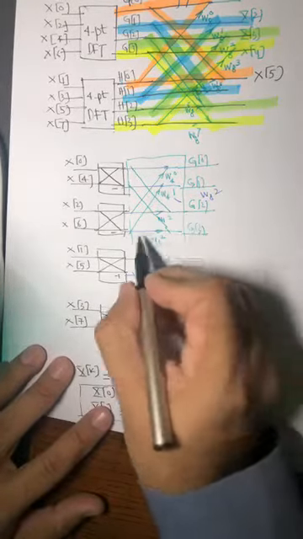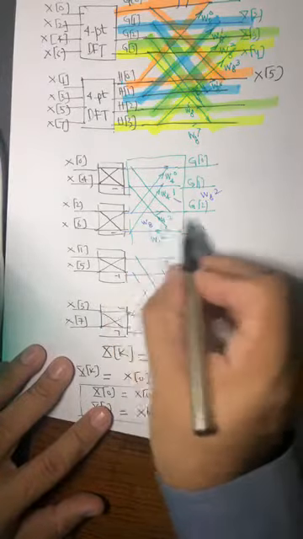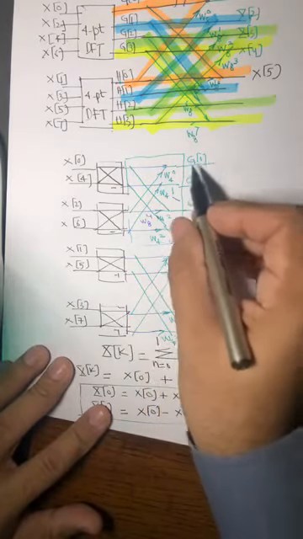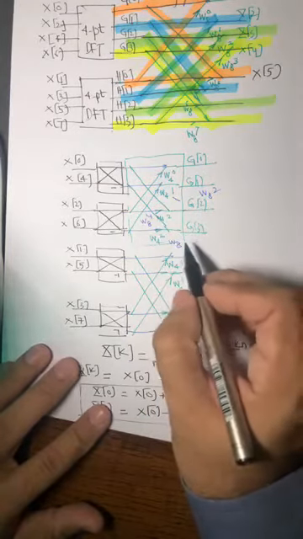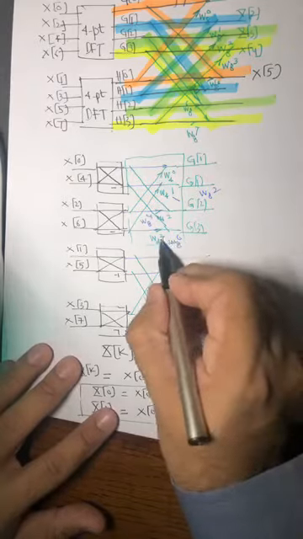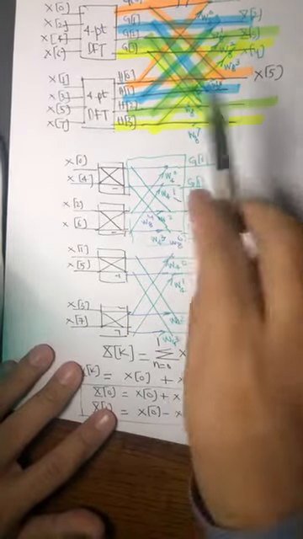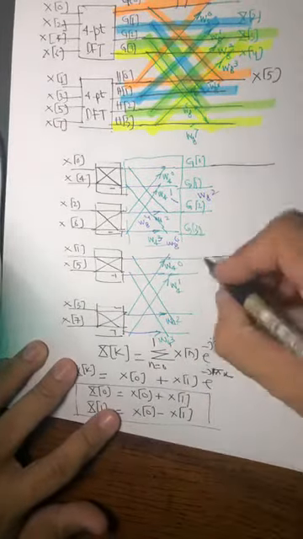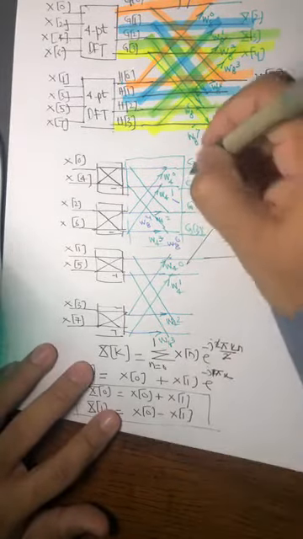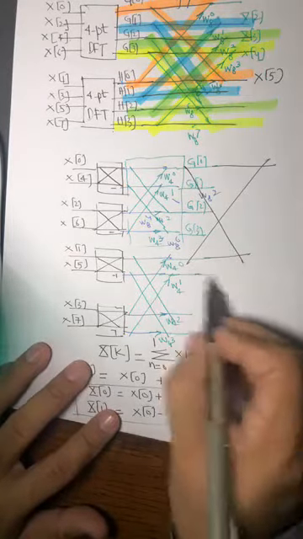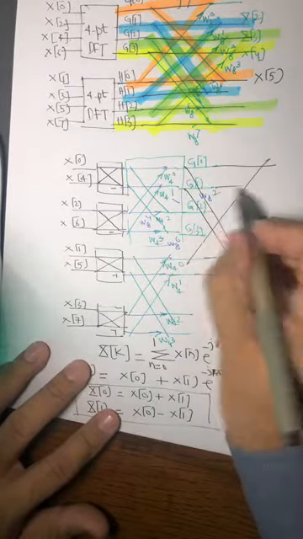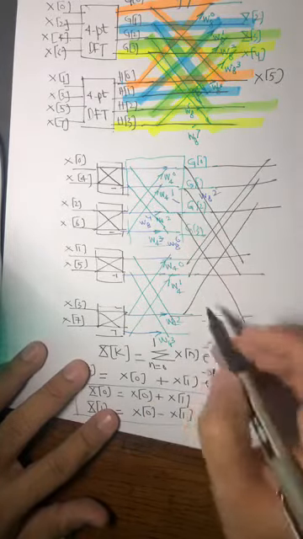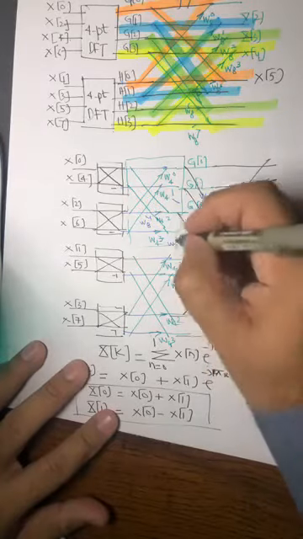Here is W4, W8^4, and this one is W8^0, 2, 4, and 6. Okay, and then you are going to combine these, as I need not redraw this, but you already know this, and you have to bring it down here. This is one butterfly, then you have another butterfly, then you have another butterfly, and then you have the last butterfly.